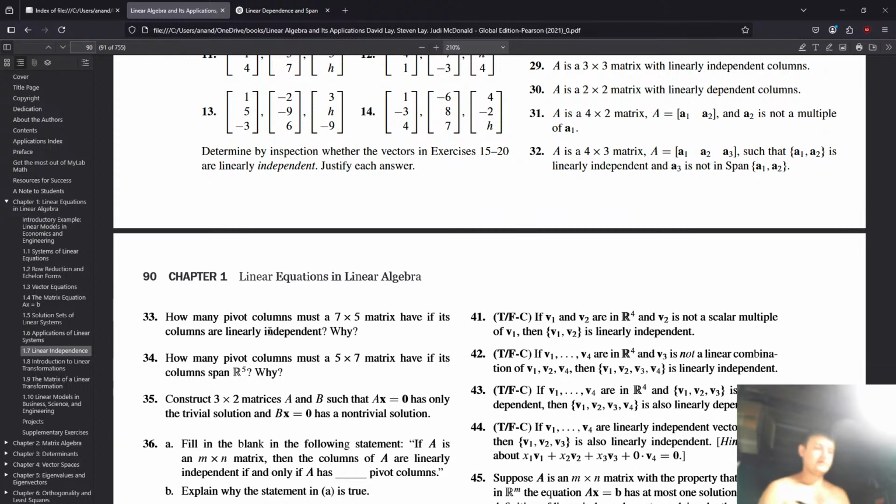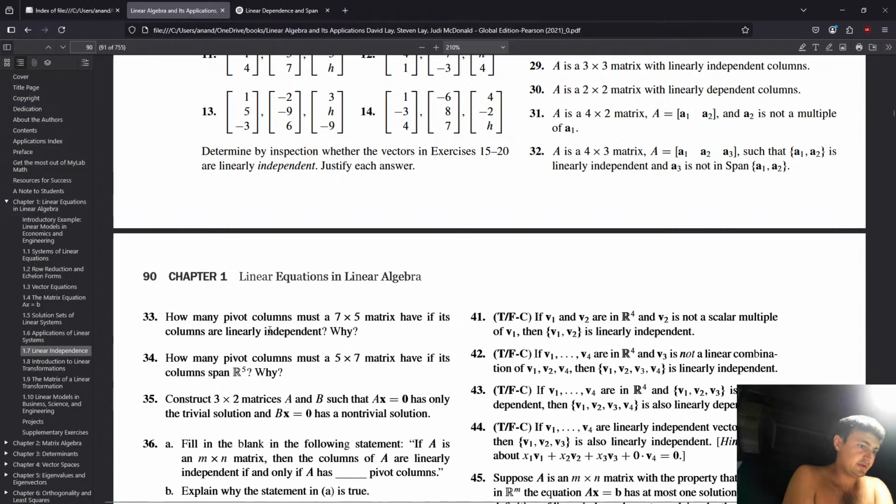Let's see, is there any other good ones? Okay, 33 is 5. Okay, 34: how many pivot columns in a 5 by 7?